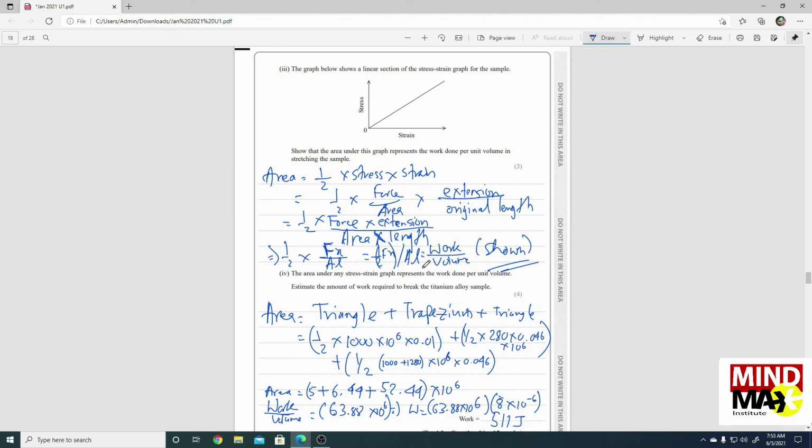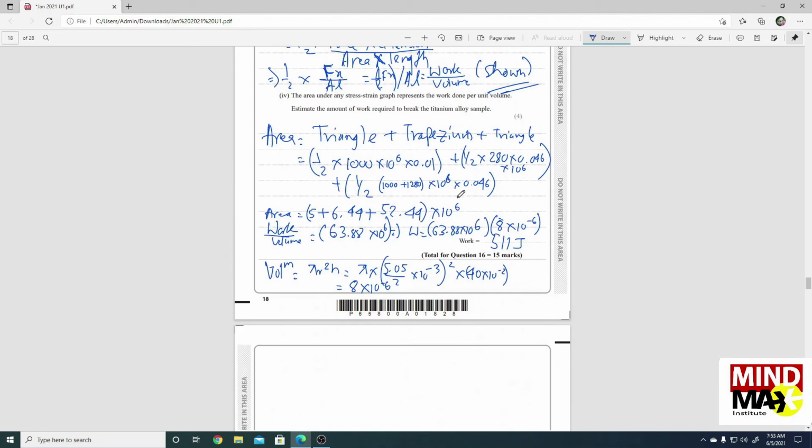So that is why we can prove that half Fx is the elastic potential energy, or we know that any sort of energy is basically work done. Whenever you cause something to gain elastic potential energy, that means work is being done on it. That is why half Fx we can say as work, and AL is volume. So work by volume. So we have proved that this area actually gives us work per volume.